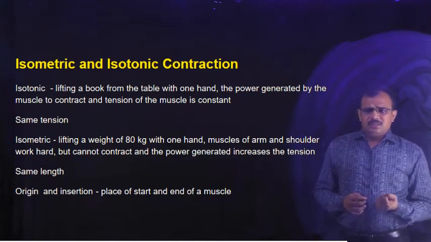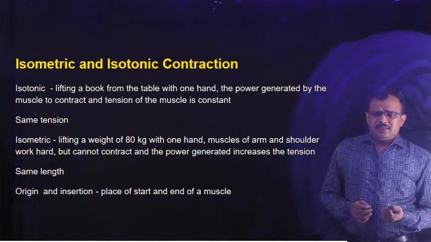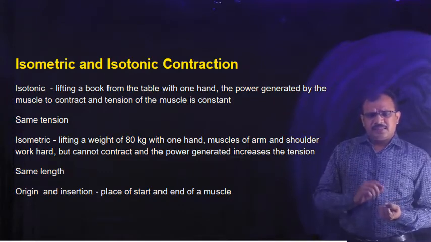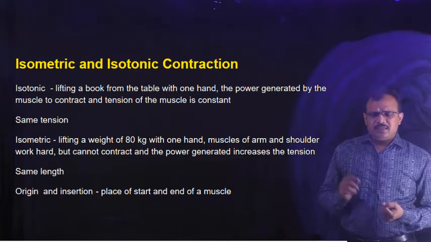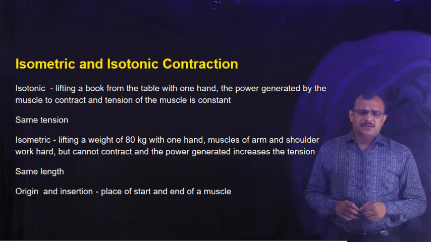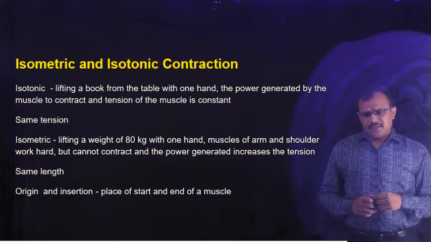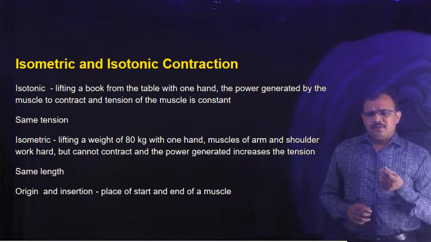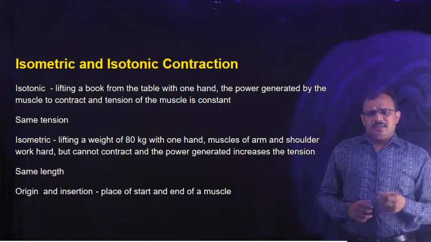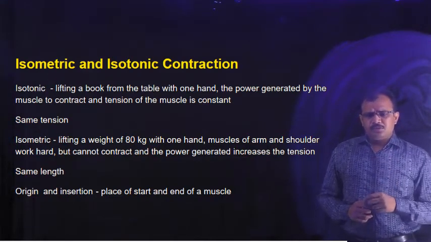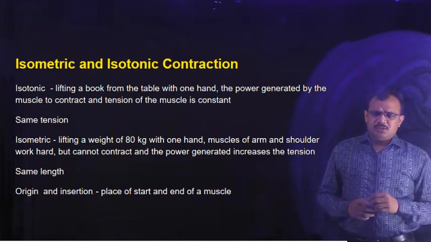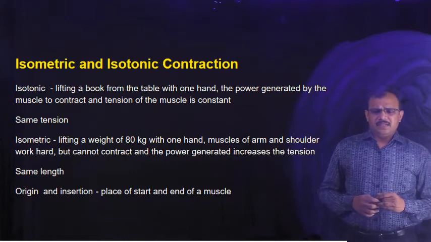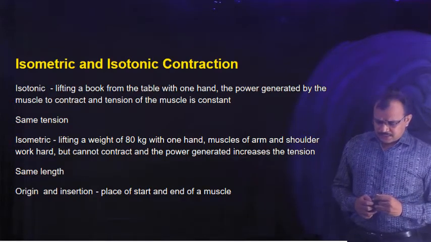In this case, the length of the muscle is constant whereas the tension of the muscle is increasing, and this type of contraction is called isometric contraction. In the previous case, where we lift a light weight, the length of the muscle is reduced but the tension of the muscle is constant. This is the difference between isometric and isotonic contraction.